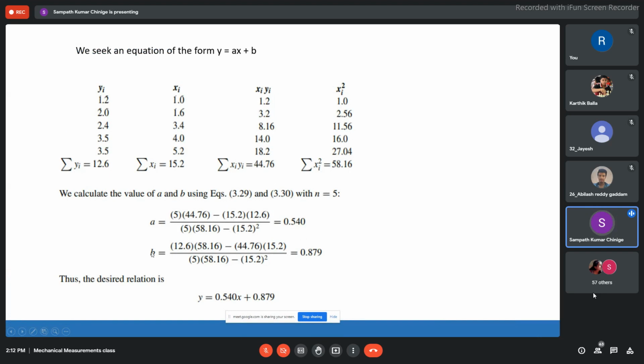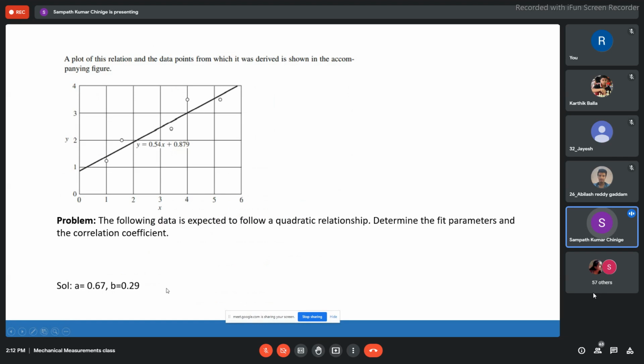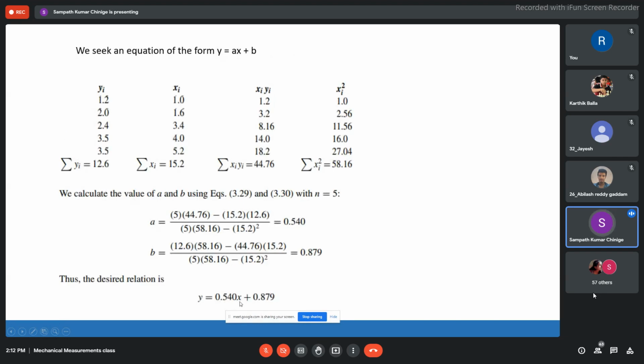Similarly, the B value you find from sigma yi into sigma xi square minus sigma xi yi into sigma xi, divided by n into sigma xi square minus sigma xi whole square, which gives 0.87. So we have found the A and B values, and therefore the desired equation is 0.540x plus 0.879.